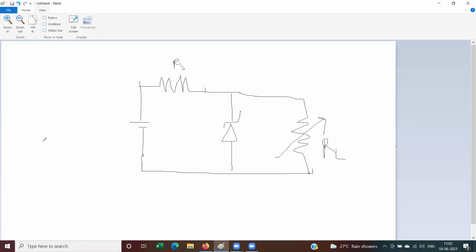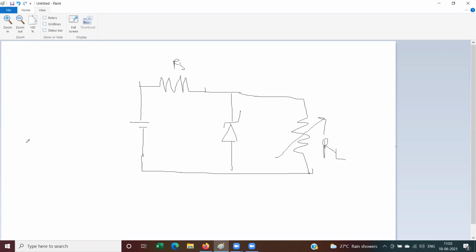Can anyone try to explain how this circuit will work? First of all, what happens if RL is very low? Anyone want to try?